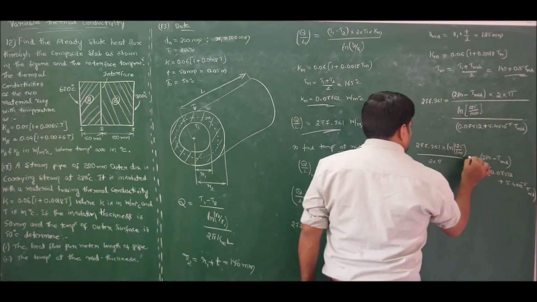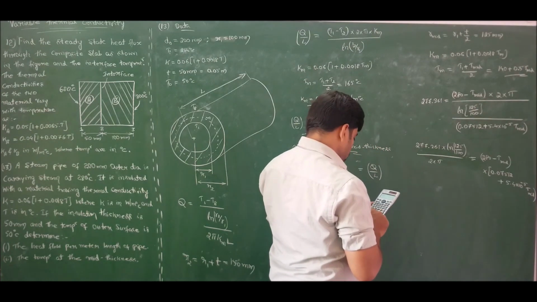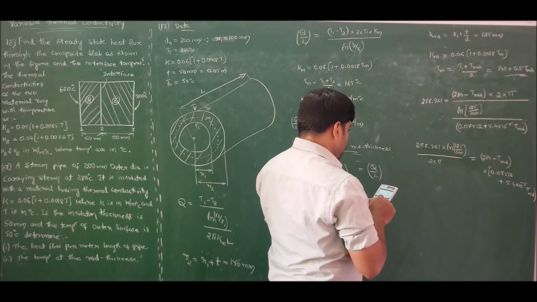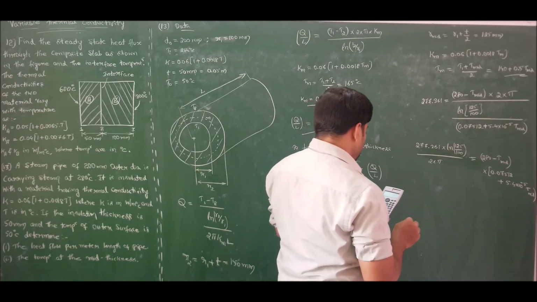So if I simplify completely, 277.361 into ln of 125 by 100 divided by 2 into pi is 9.85.